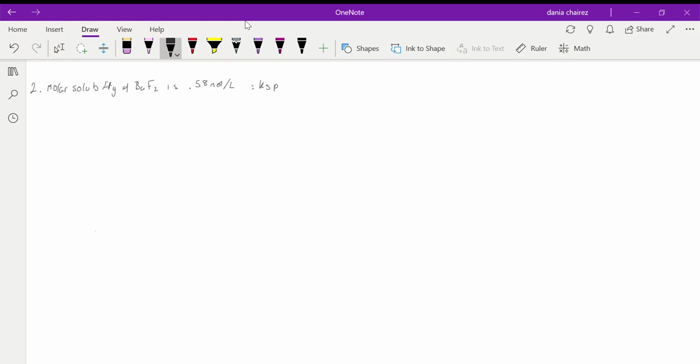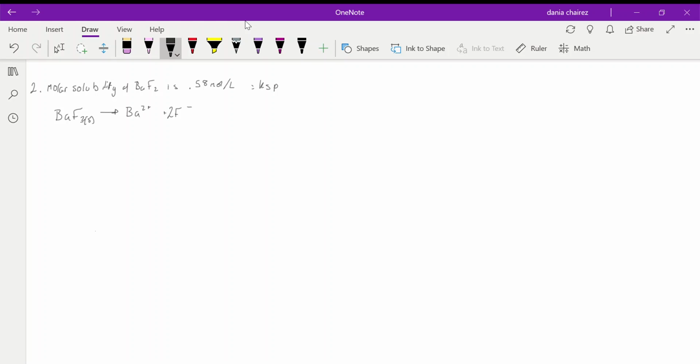So we're starting off with molar solubility, so we don't have to worry about the solubility. But what we do have to worry about is our concentration of ions, right? So we have barium fluoride, which is our solid, breaks apart into barium 2+ and 2 fluorides minus, because we're balancing, right?